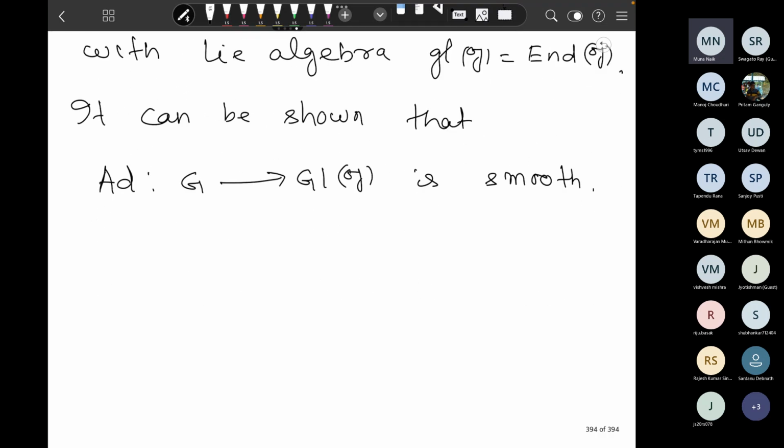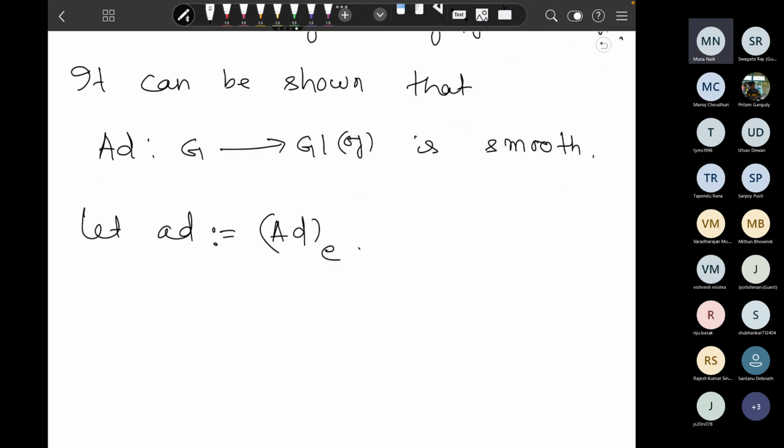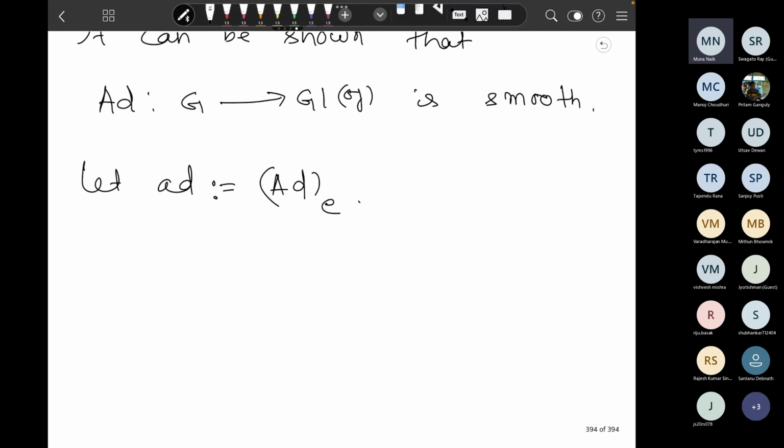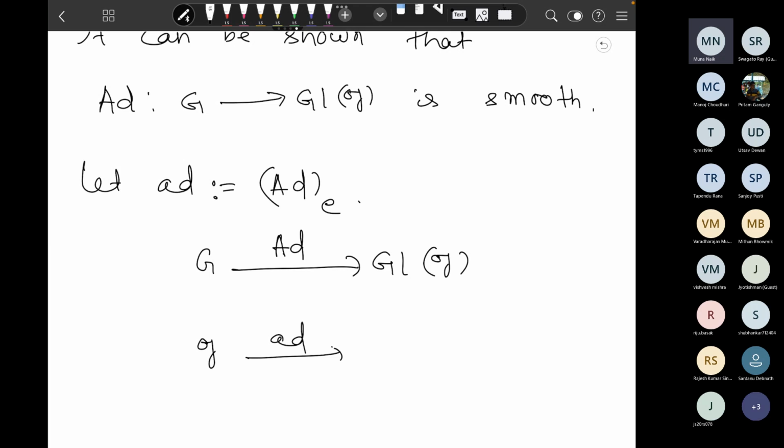So we have another thing. Let me define small r, which is really the derivative of capital R at the point identity. That will give you a diagram from G to GL(g), with capital R and small r, and this is my exponential map, and this is my exponential.